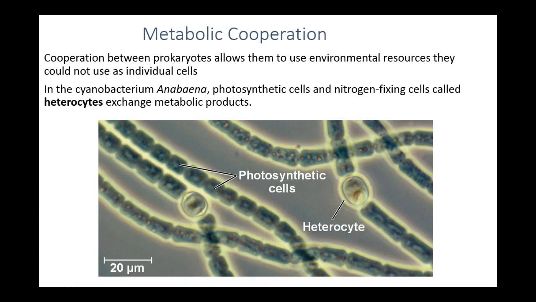They're walled off so that they can exist around these photosynthetic cells and still use nitrogen fixation. So you have both of these metabolic procedures going on, and there's cooperation between the two, giving the capacity to have two different types of metabolic behavior going on.